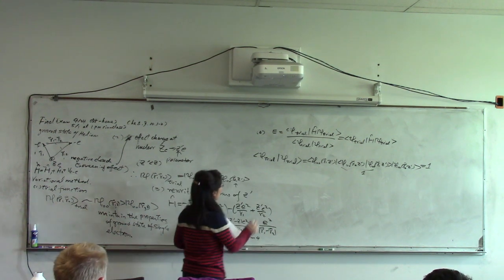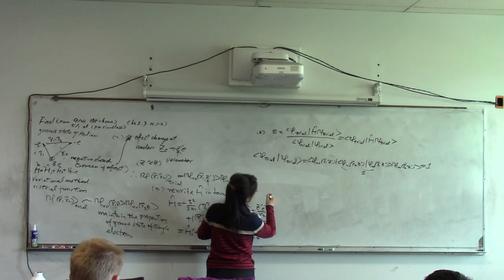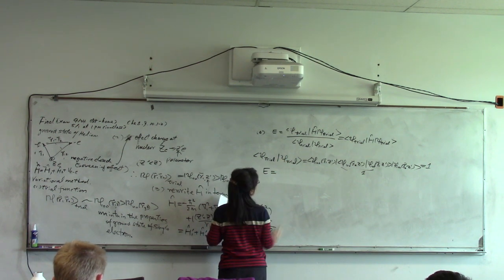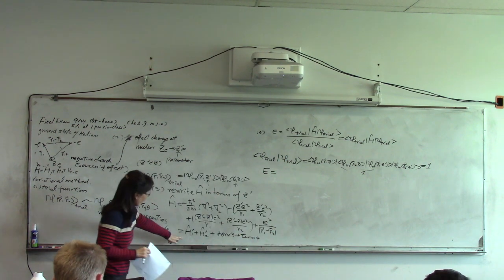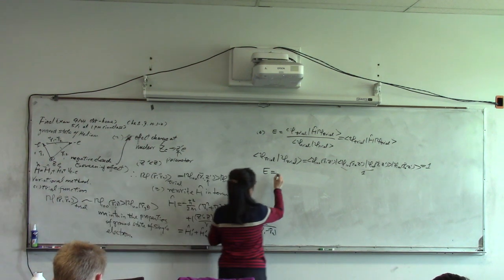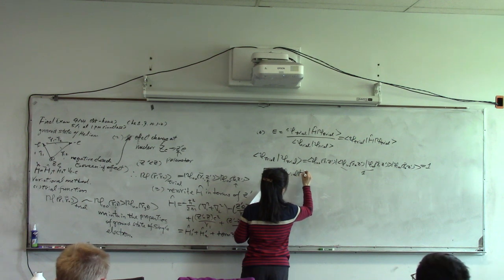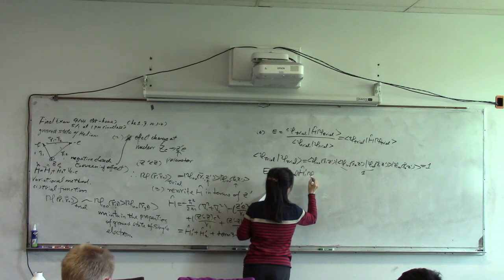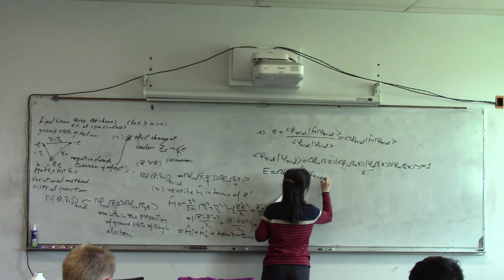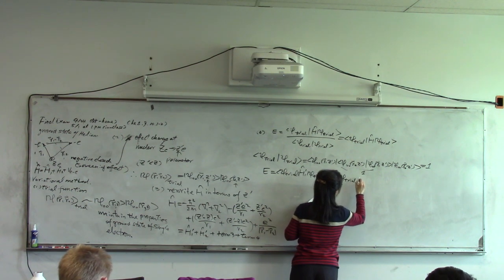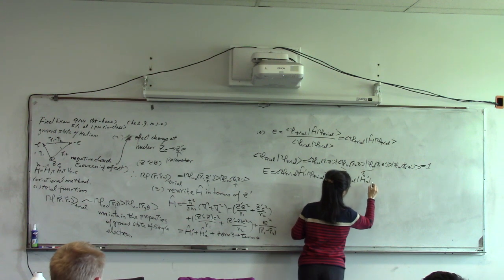All right. So now, let me write again. E is now the expectation value of the Hamiltonian. We have 4 terms, right? So the first one is the ψ function for the expectation value of H'1, and the second one is the expectation value of H'2.